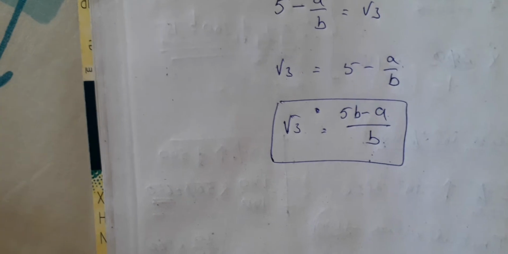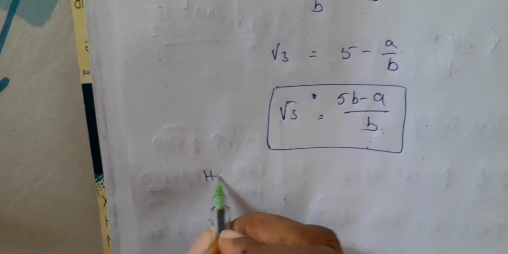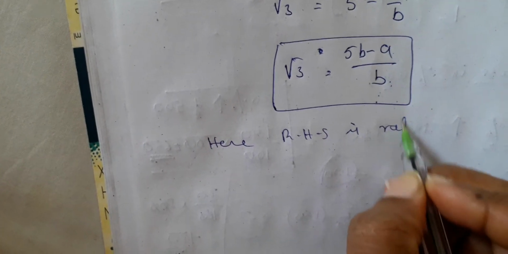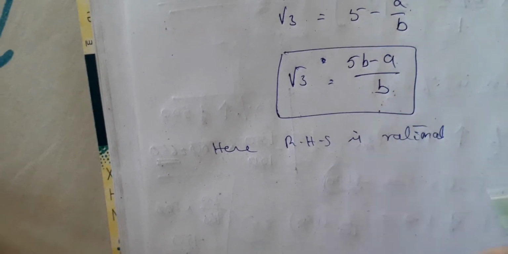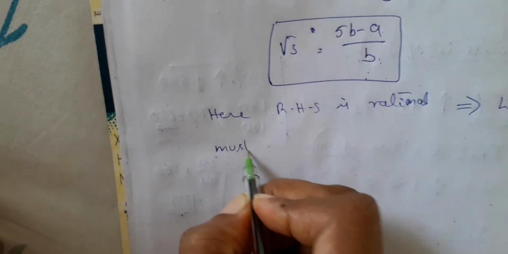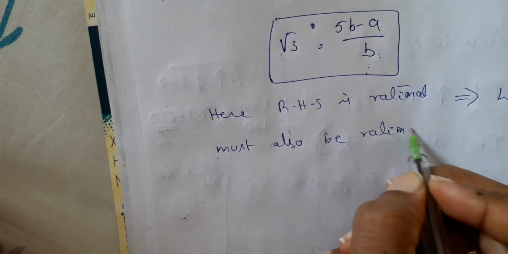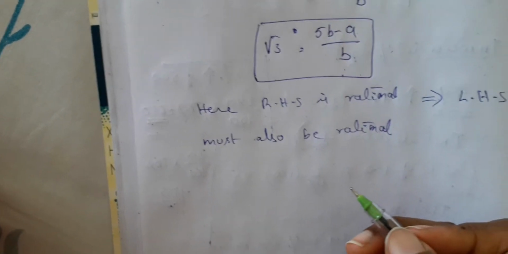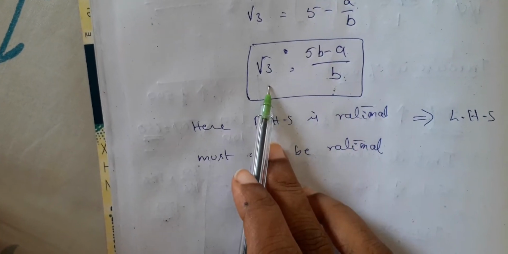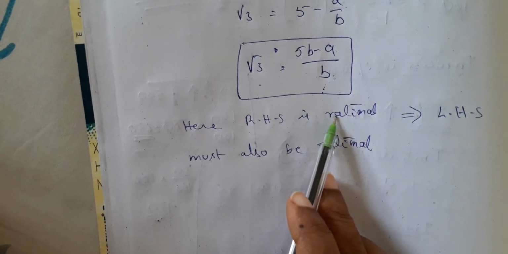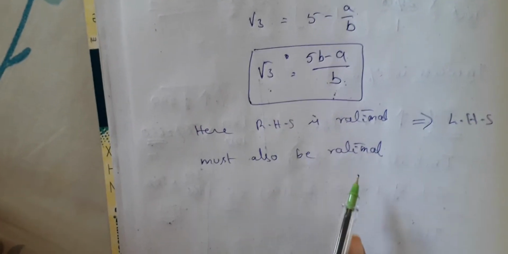So RHS is rational, which implies LHS must also be rational, is it not? Whatever is RHS should be the same as LHS. So when RHS is rational, root 3 obviously must be rational.